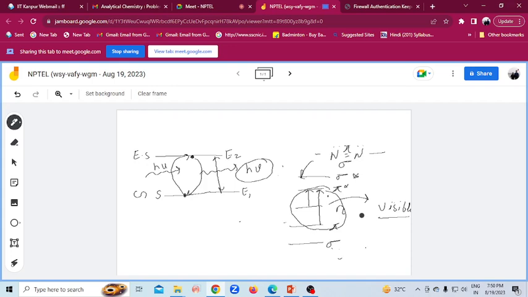The particular compound will give a particular wavelength, or particular color of light, so you can identify it this way. Here I want to discuss one more concept which is very important.